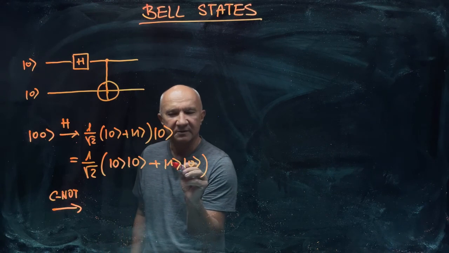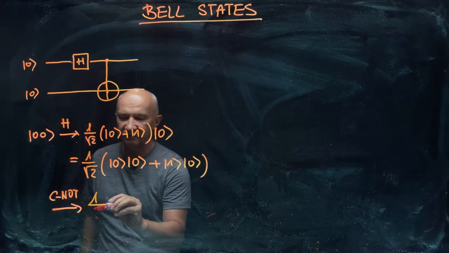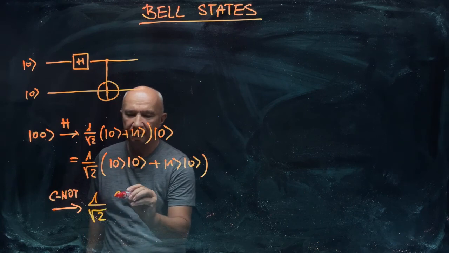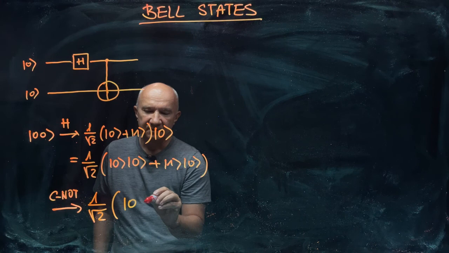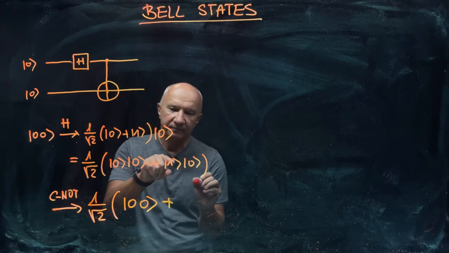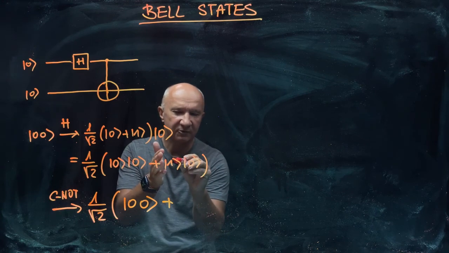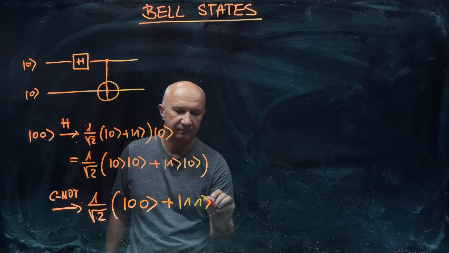When the control is in state 1, we flip the target. So we have the state 1 over square root of 2. This one stays as it is, and in this case the control is in 1, so we flip the target, and we have state 1, 1.